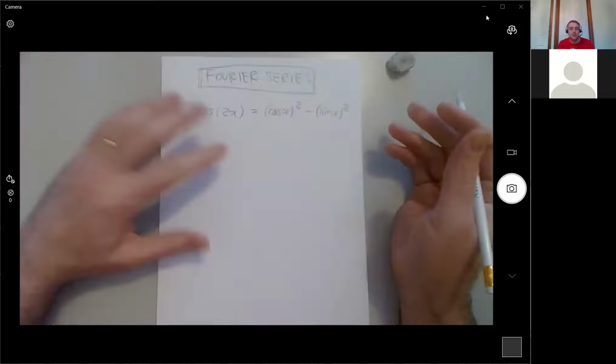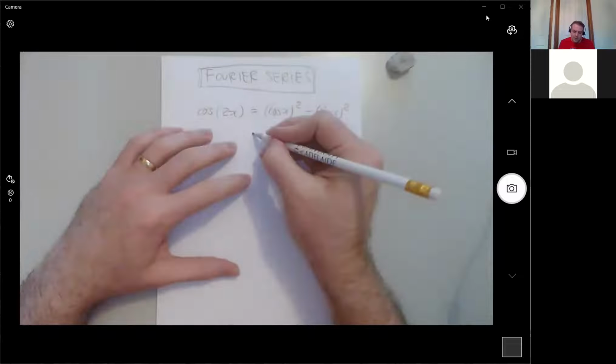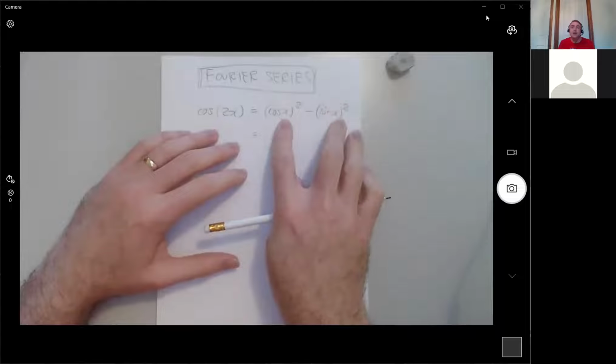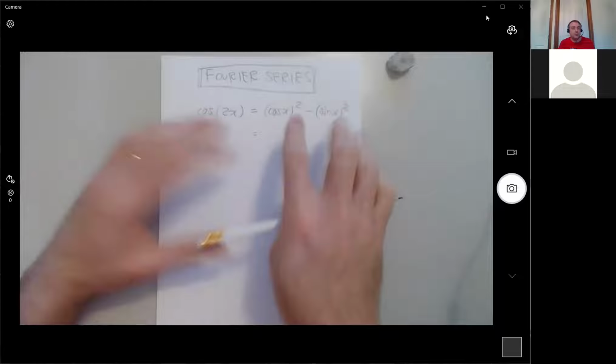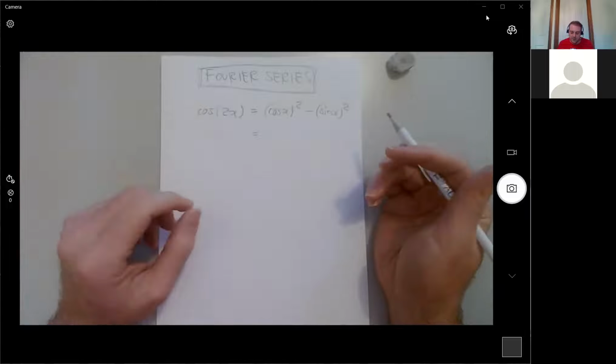It goes that cos 2x is cos x squared minus sine x squared. And then usually what you do is you replace one of these two things with a 1 minus the other one squared using the fundamental trig identity.